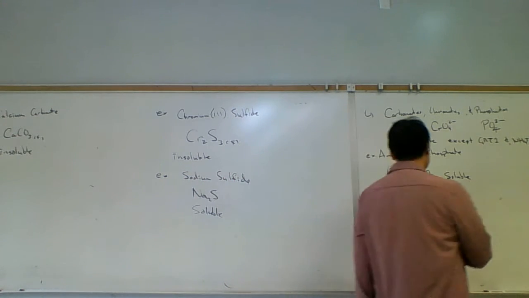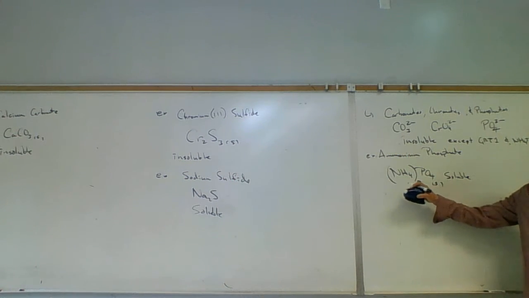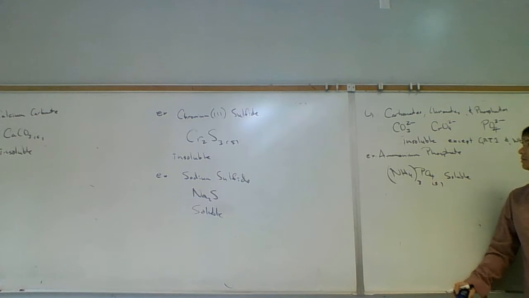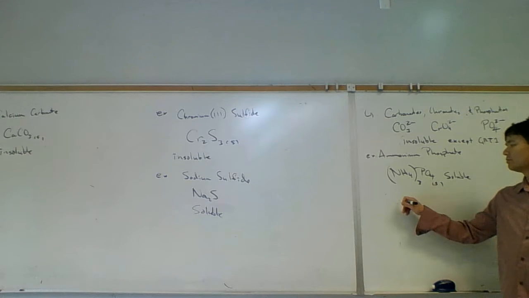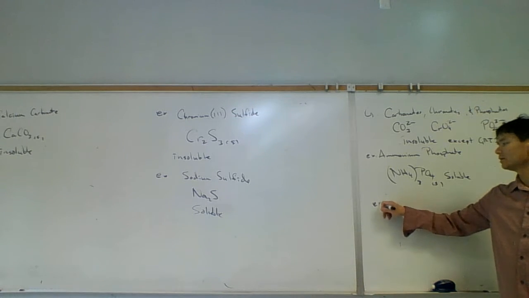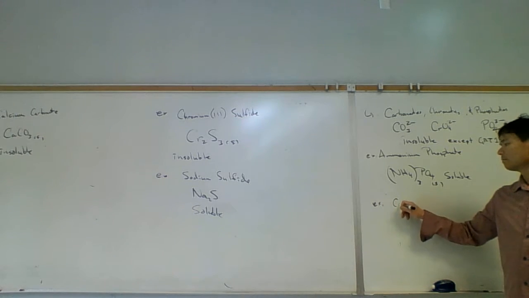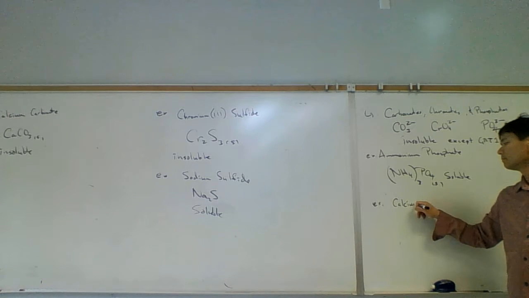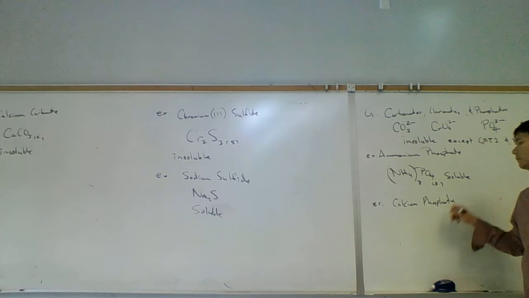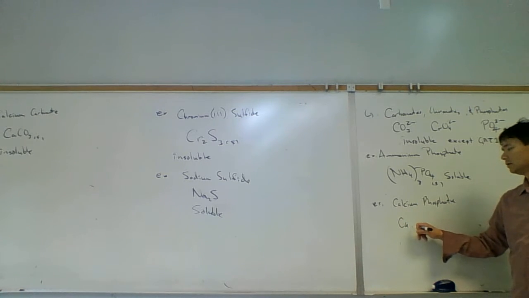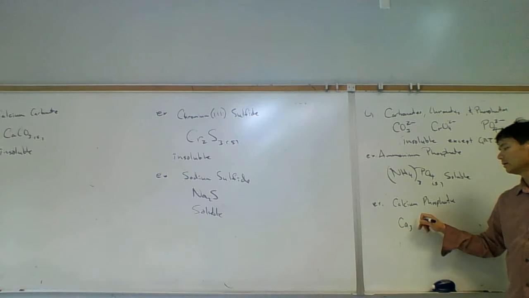So for example, ammonium phosphate isn't as favorable as something like calcium phosphate. If I had calcium, what is the formula for calcium phosphate? Let's write it here. Ca3(PO4)2.